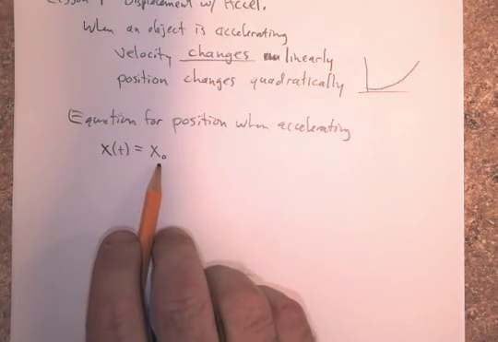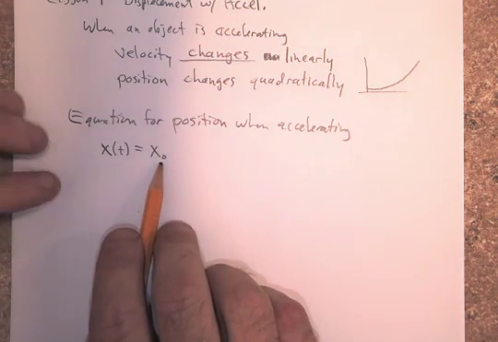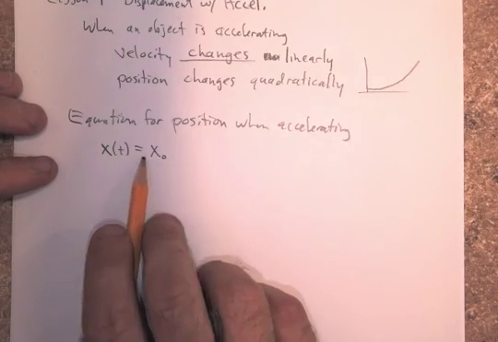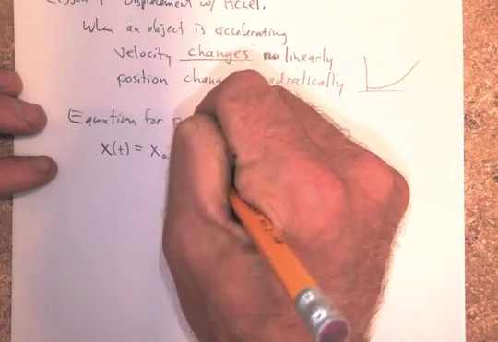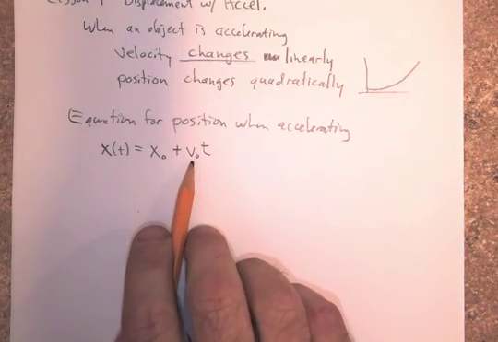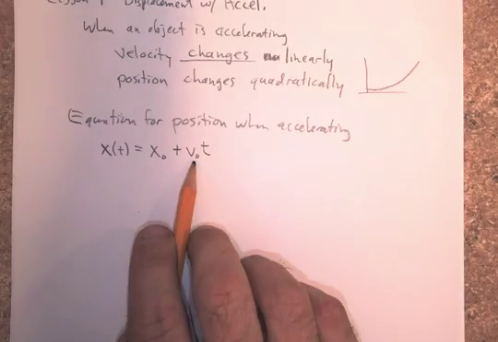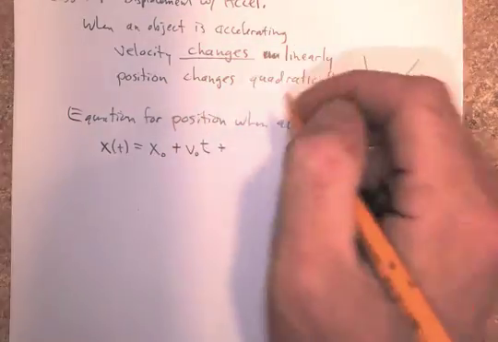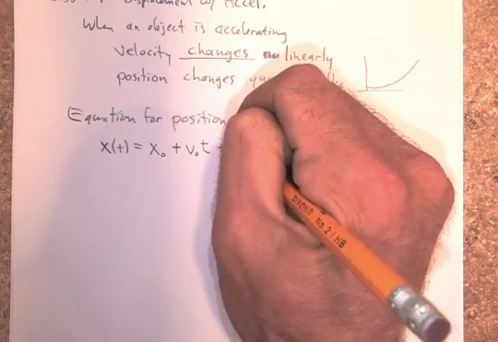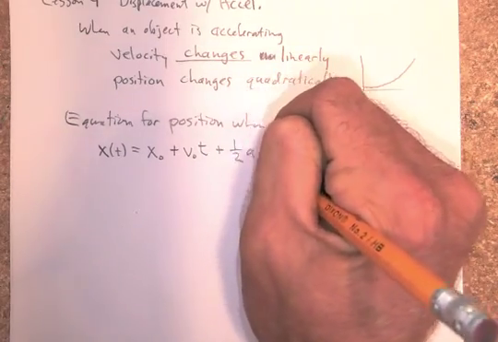I was using an i earlier, but I'm going to change to a 0 because that's more common. So that's the starting position, plus v0t. This v0 is your initial velocity. Instead of saying vi, I'm going to use v0 just because it's more commonly used. I kind of used vi by accident. Okay, plus 1/2 at squared.